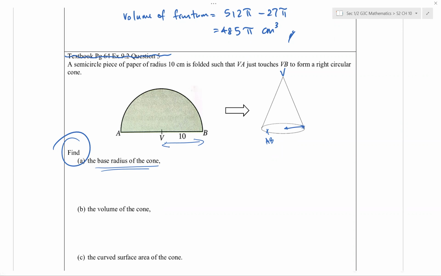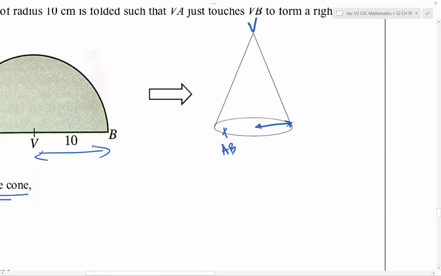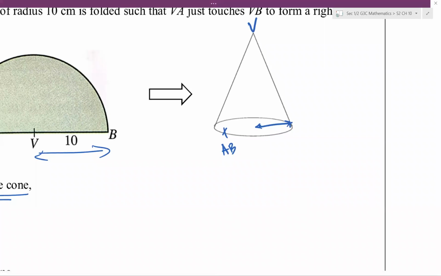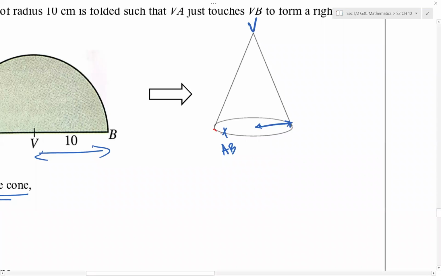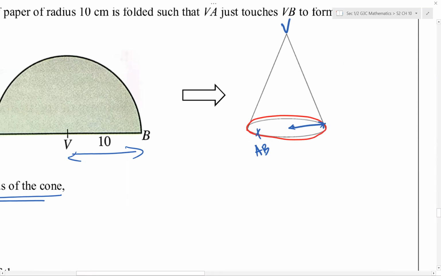So how are we supposed to identify the radius for this base of the cone? Well, it has definitely got something to do with the circumference of the base. This radius of the cone is related to the circumference of the base circle. So where did that circumference come from?